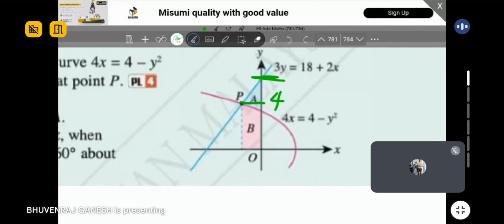So x equals 0 means that this value is 6 for this equation. Okay, so you can find your values already. You must also find out this value, pintasan y for the curve. Okay, so x equals 0, you will get the answer 2 for this value. All right, guys. So you can use the concept.